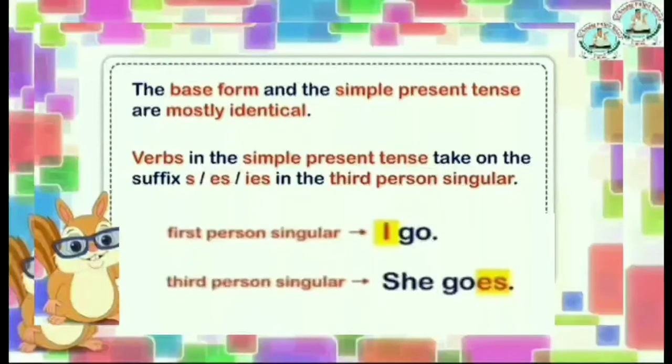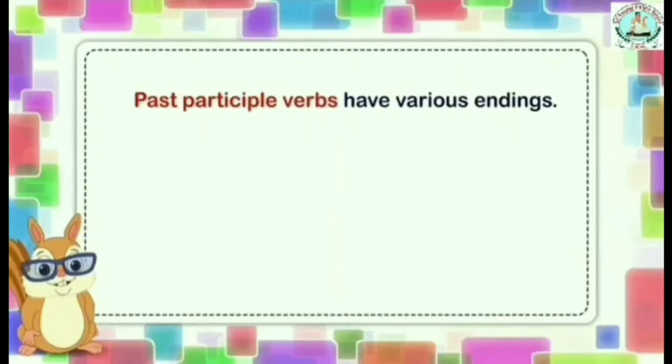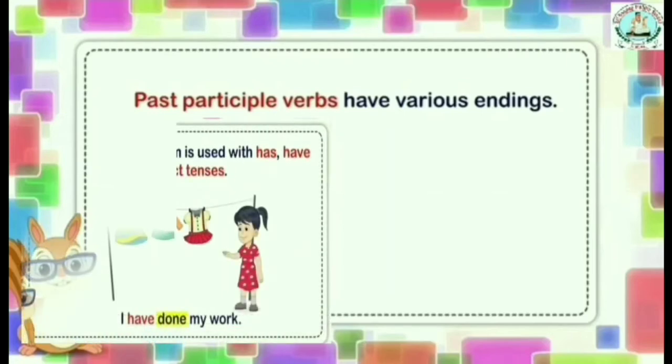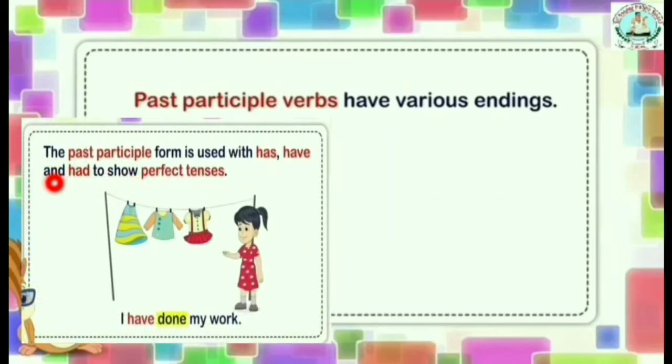Okay. Next form of verb, that is past participle. Past participle verbs have various endings. They always come along with helping verbs. Look at the picture. Here the past participle form is used with has, have and had to show perfect tenses.